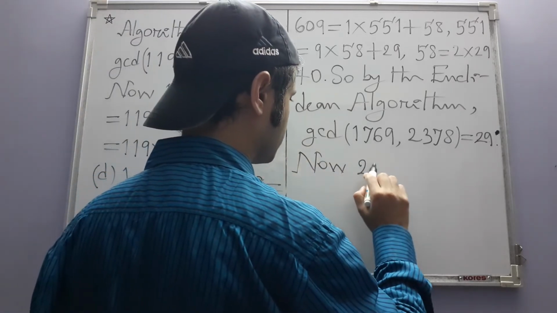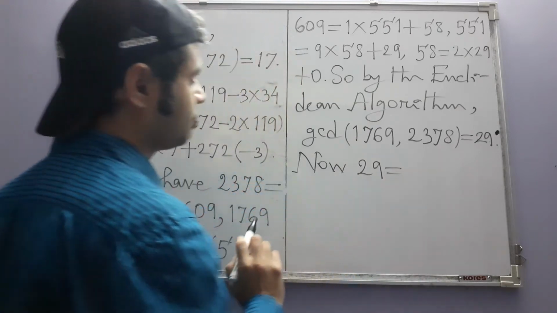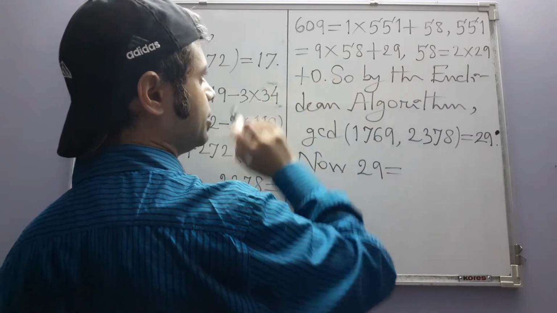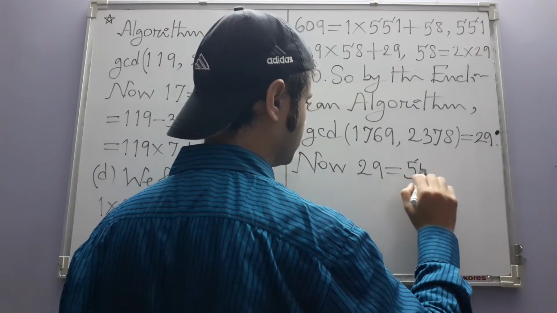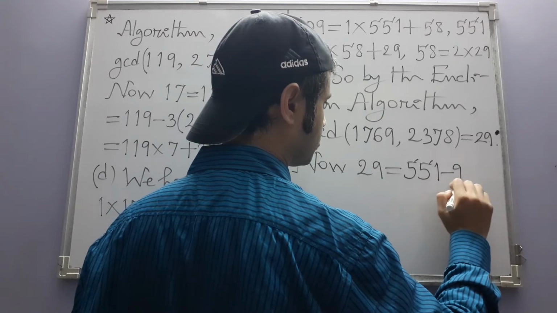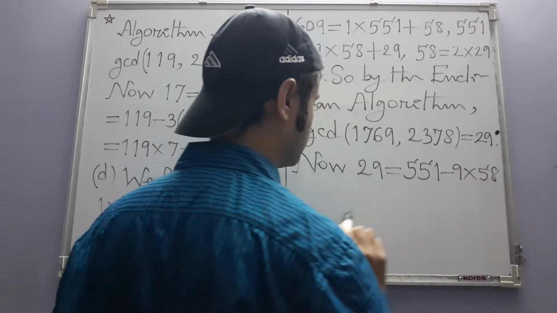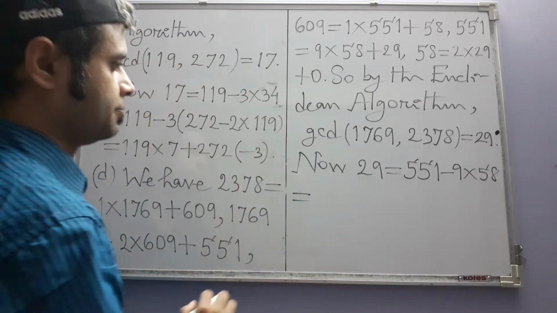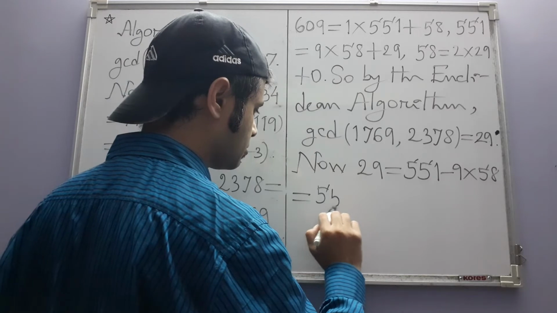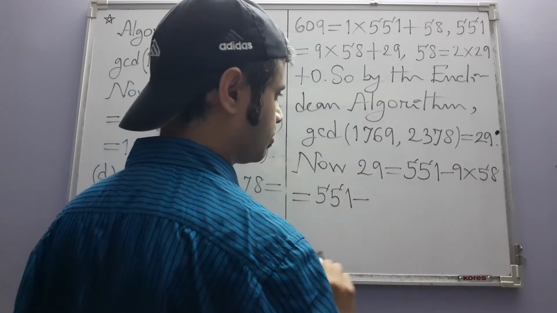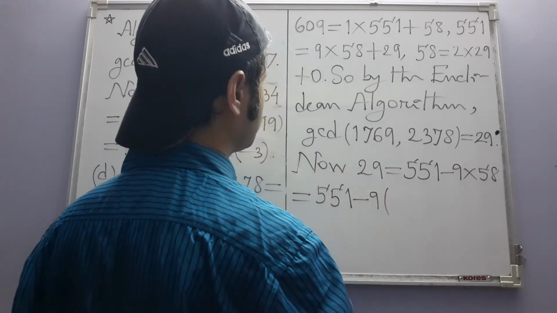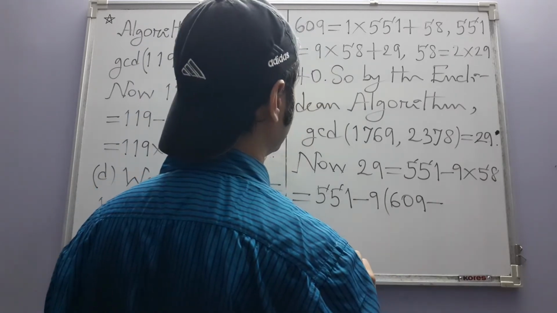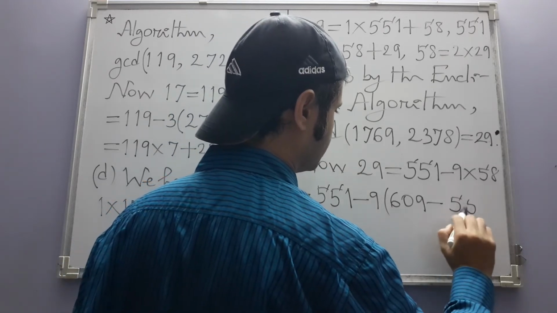Now 29, first of all, 29 is 551 minus 9 times 58. Next, we replace the previous remainder, 58. So that is, replace this 58 with 609 minus 551.